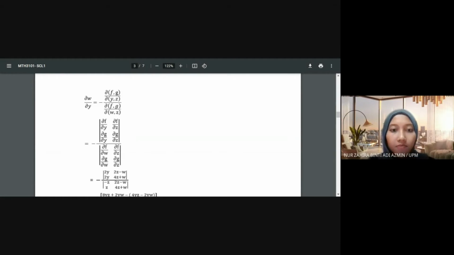Okay, next we move to the next expression, to find del w over del y. We use the Jacobian concept to find del w over del y based on the given system of equations.